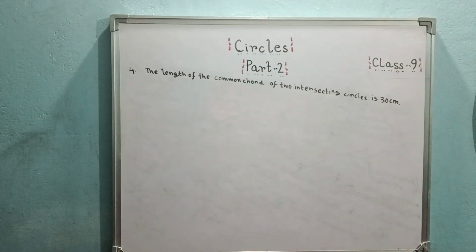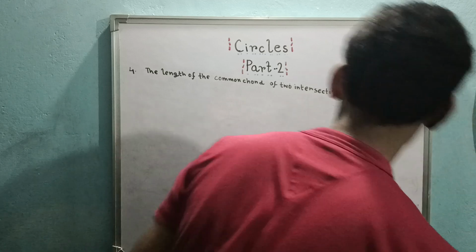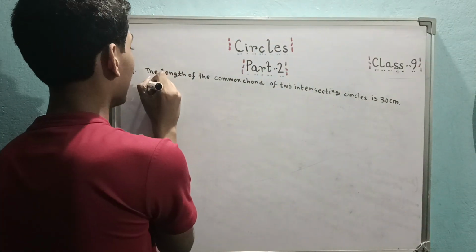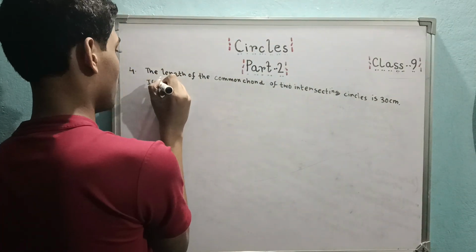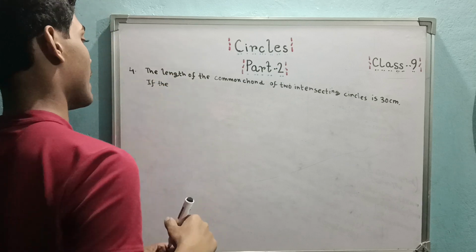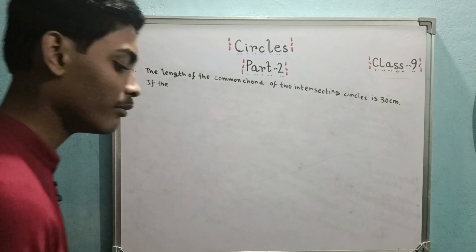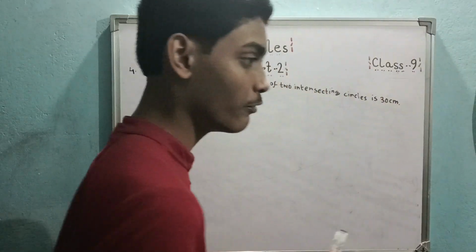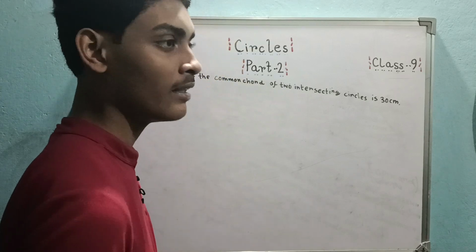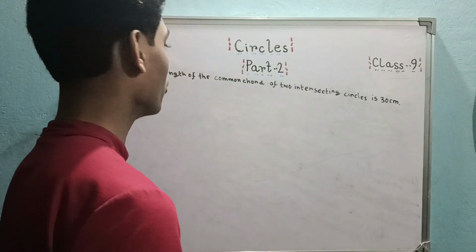If the diameters of these two circles are 50 centimeter and 34 centimeter, we know the formula of diameter, which is radius into 2. So radius is diameter by 2. Anyway, they are trying to increase the difficulty by changing it into diameter, thinking we are fools, but we will make them the fool.